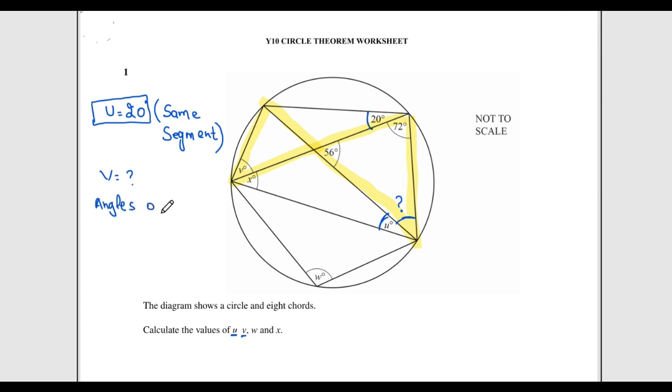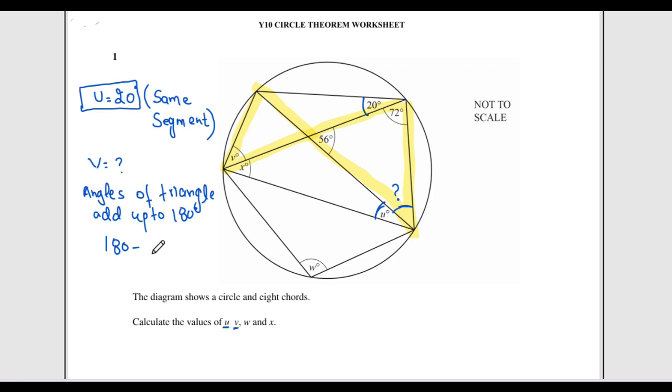So what we can do is add 56 and 72 and then subtract the sum from 180 to get the missing angle. So I'll write 180 subtracted by the sum of 56 and 72. I'll get 52 as an answer, and v would also be 52 because v is sharing the same segment with it.